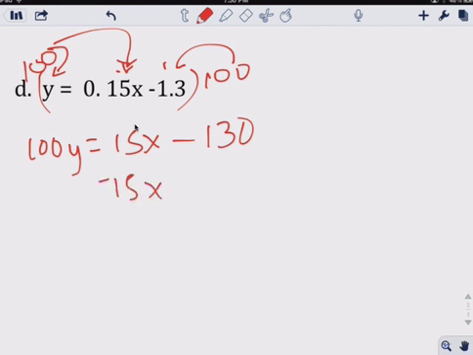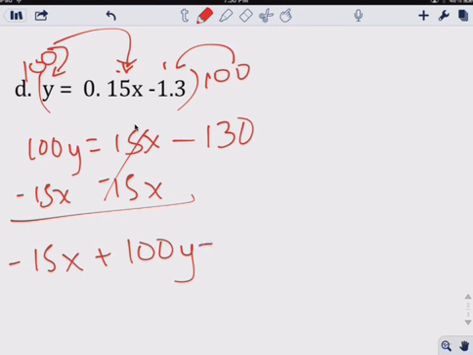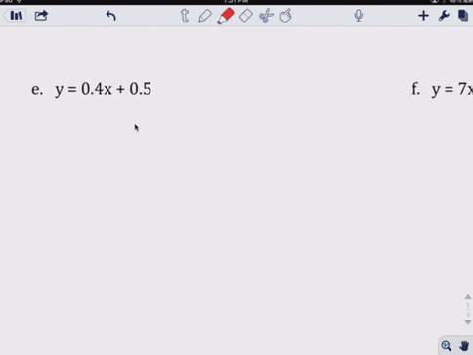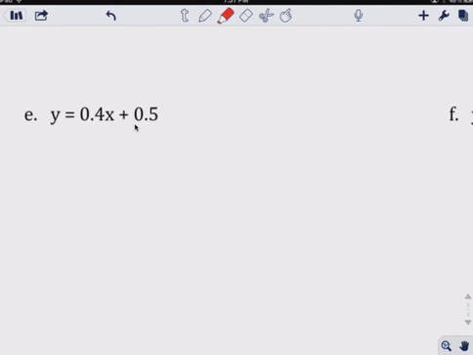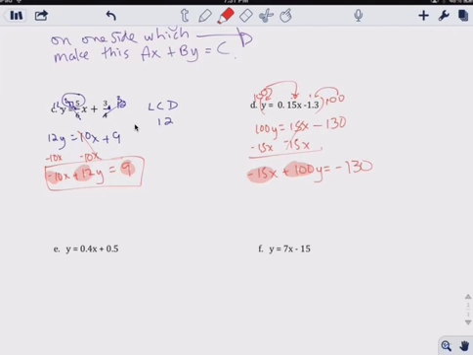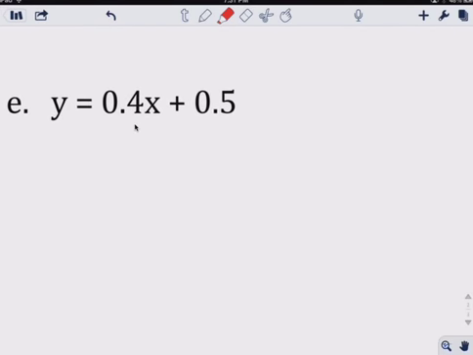Minus 15x, minus 15x. That gives you negative 15x plus 100y equals negative 130. Ax plus by equals c. That's how I know my answer is correct. Okay, gosh, I gave you a lot of decimal. Anyways, you should know this by now. Multiply by 10, right? Because the 4 and 5 are both in the tens place. So multiply all of it by 10.